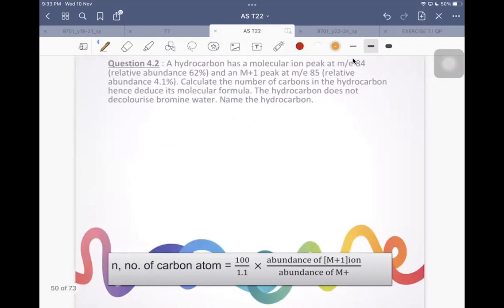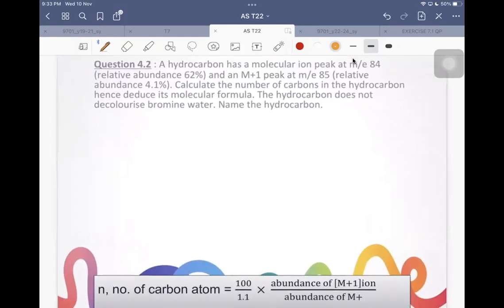Right, moving on to the next question. A hydrocarbon, so here it's a hydrocarbon, that means it contains hydrogen and carbon only, has a molecular ion peak at 84 with relative abundance of 62%. So I'm interested in the relative abundance, and that corresponds to M plus, the molecular ion. The Mr of this molecule is 84.